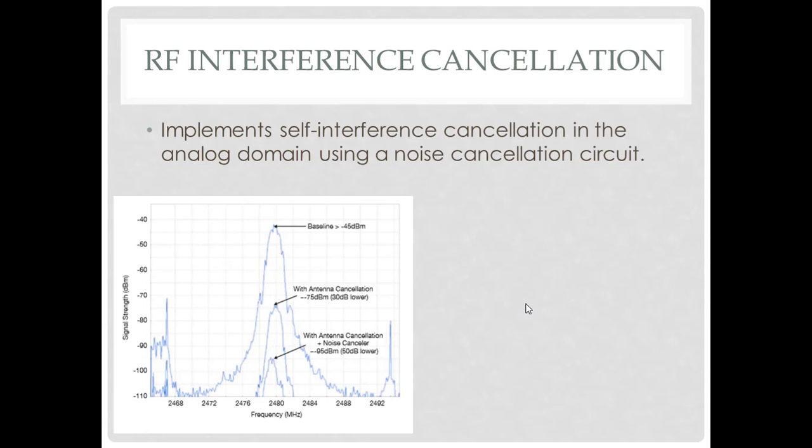So the other technique is radio interference cancellation. Radio interference cancellation implements self-interference cancellation in the analog domain using a noise cancellation circuit. The transmit signal is fed to the circuit as a noise reference, which subtracts it from the received signal after adjusting for phase and amplitude.